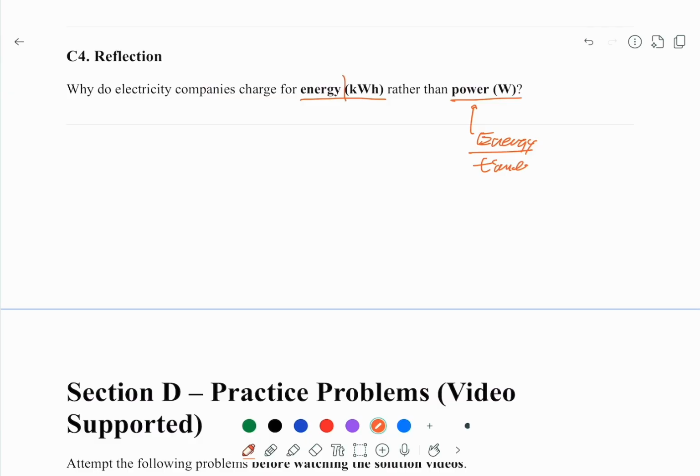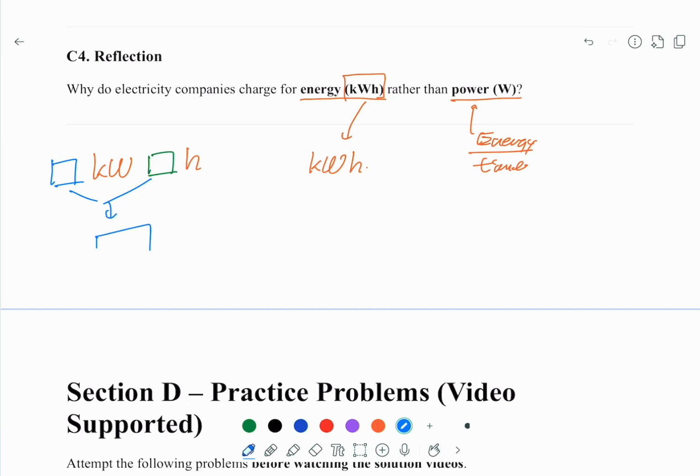And also traditionally most companies will use kilowatt hour, because for most electrical appliances, their power rating is stated in kilowatt. So if the power rating is stated in kilowatt, just like the case of the kettle, and then you ask how long you use this electrical appliance in terms of hour, say I use it for a certain hour, all you need to do is multiply these two and get a number.